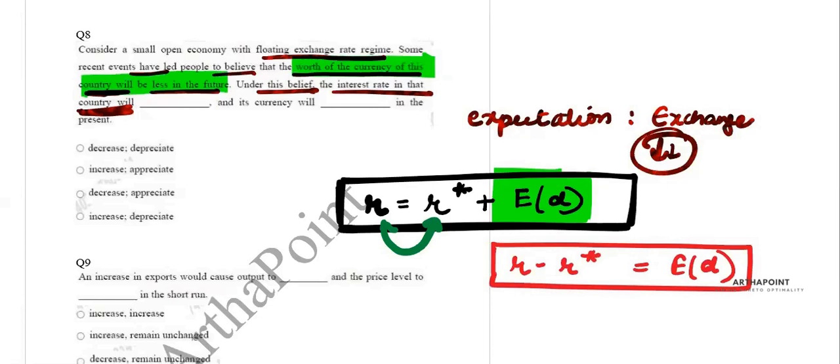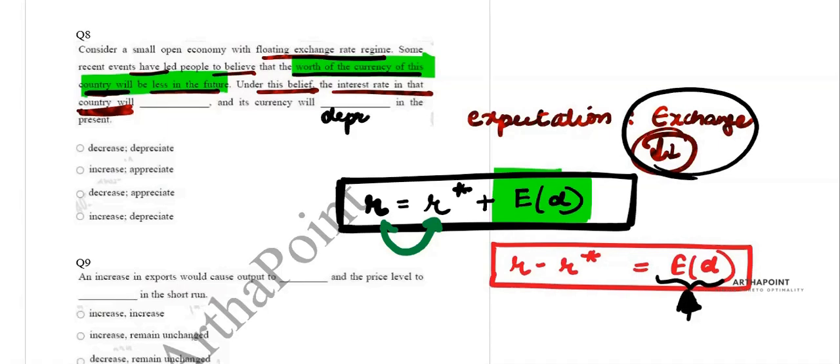Now, because it is saying that they are believing that the currency will be less in the future, usually whatever expectations are set, they will happen. So if they're expecting the currency to depreciate, the currency will actually depreciate in the future. So the currency will depreciate. And if the currency is going to depreciate, then what is going to happen according to this equation? My currency is depreciating.